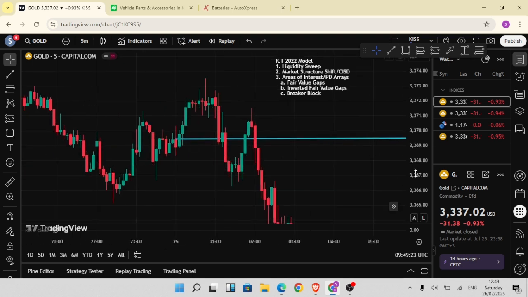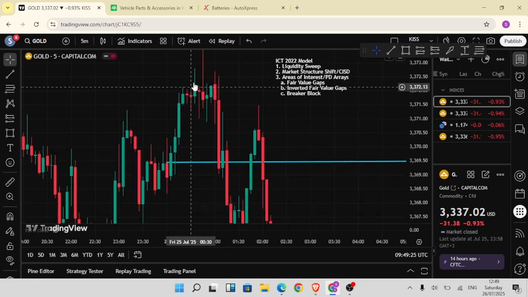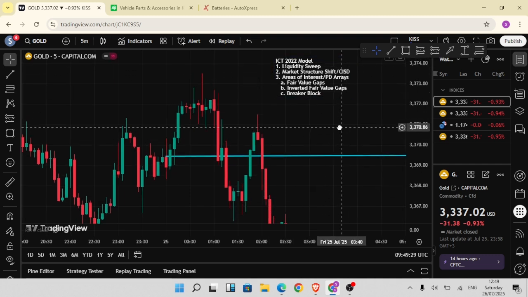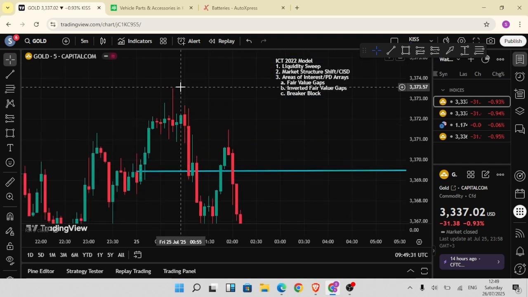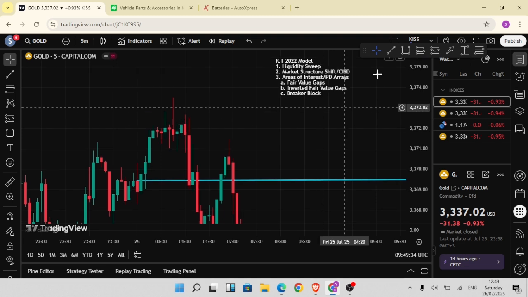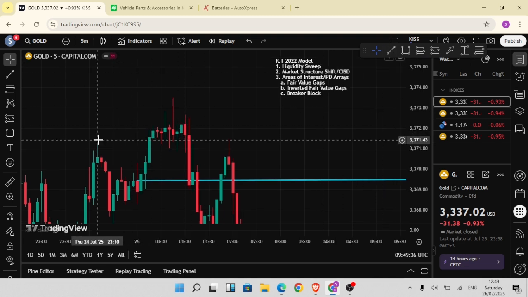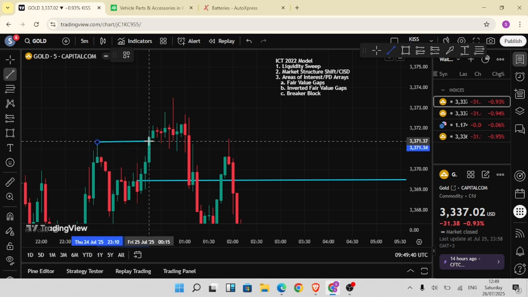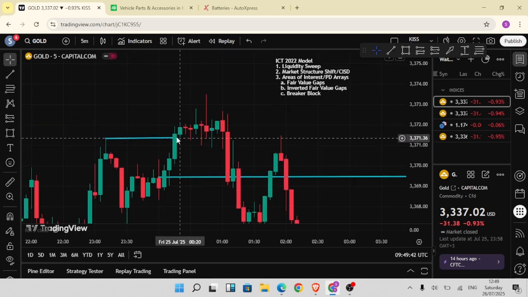Right after it has done that, we are looking for the first thing, liquidity sweep. In our case, because we are forming the high of the day, we are looking for a buy side liquidity sweep, and that is what happens here. This high is taken out.